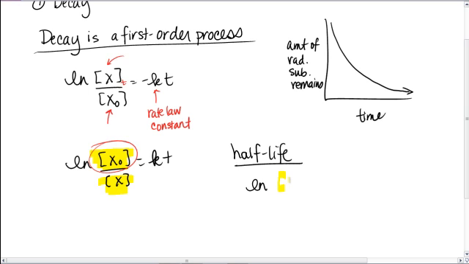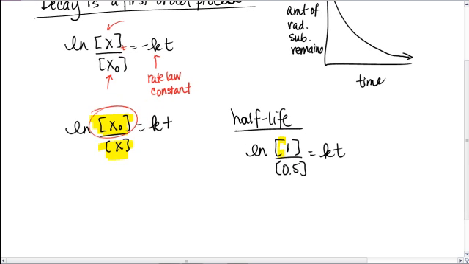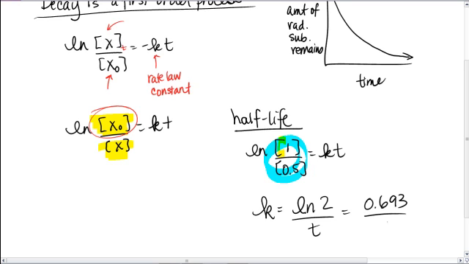So I could just do the natural log of, say, 1 over a half is equal to kt, and I can rearrange that. This is, of course, the natural log of 2. And if I want to rearrange it to find the rate law constant, it becomes the natural log of 2 over t. Natural log of 2 is 0.693 over t is equal to k. And we can call that t 1/2.